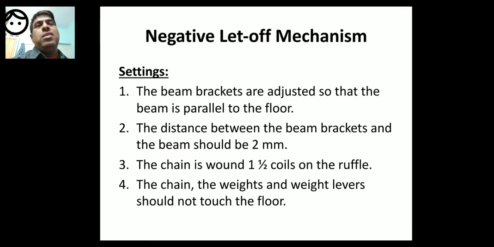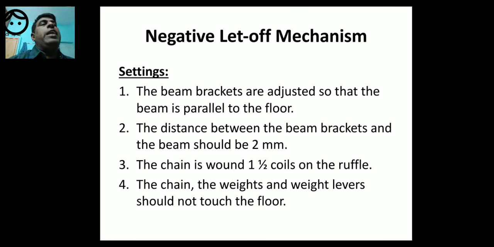Otherwise, the mechanism will be haphazard. Of course, it should be parallel to the floor, but the operator has to look that it is parallel to the floor, or the supervisor has to check. So the beam brackets are adjusted so that the beam is parallel to the floor.